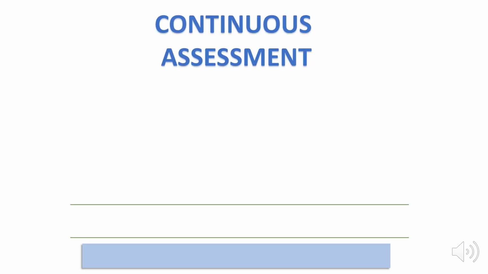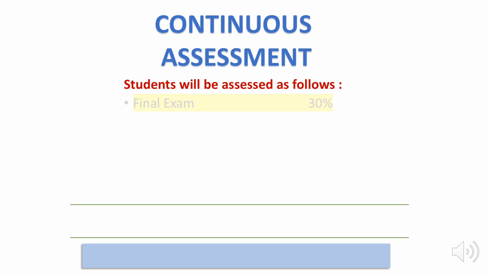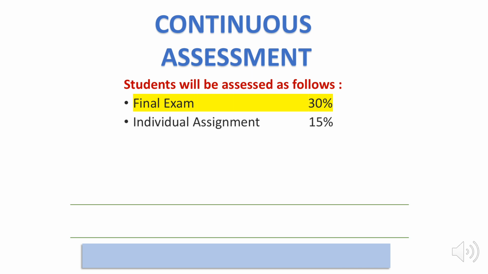Let's look at the continuous assessment: your carry marks and your final exam. For ICT skill, the final exam is 30%, and the rest is 70%, which is your carry marks. Your carry marks, or continuous assessment, include the individual assignment, which is 15%.